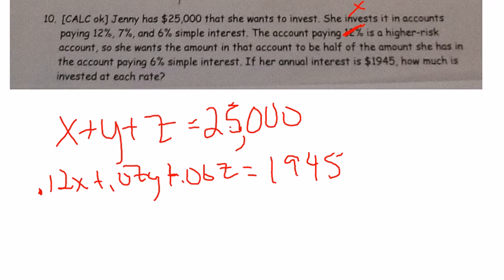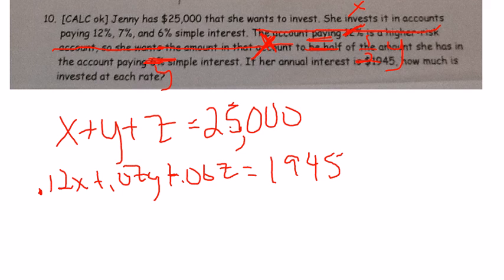I'm going to cross all of this out. So she wants the amount in that account, let's call that x, to be equal to half of the amount that she has in the 6%.